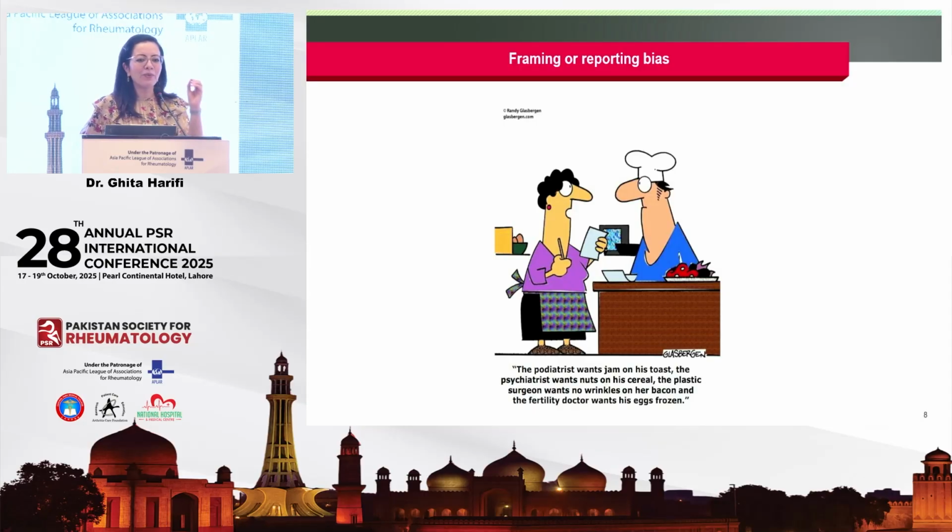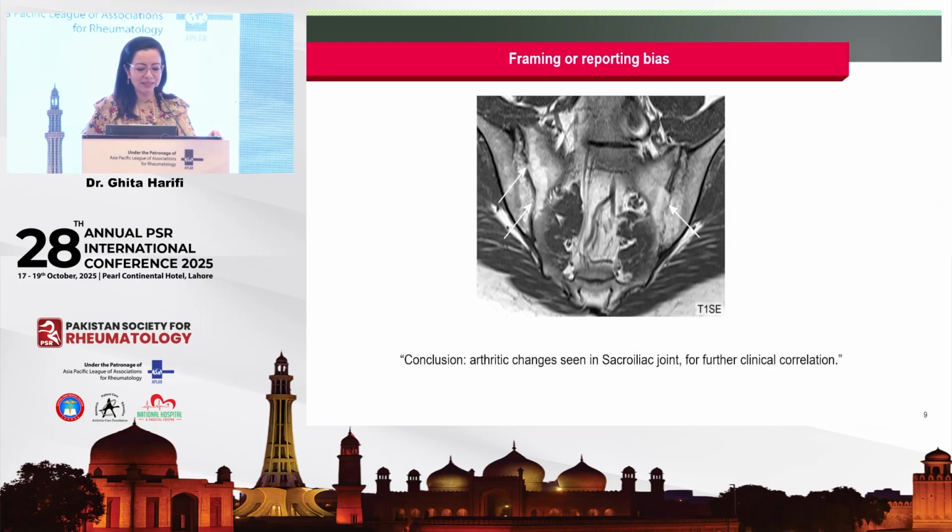So at the end of the day, radiologists are humans, and their interpretation has something to do with their perspective and the way they look at the image. And until radiologists are totally replaced by AI, we will still be dealing with some framing bias in imaging reports.